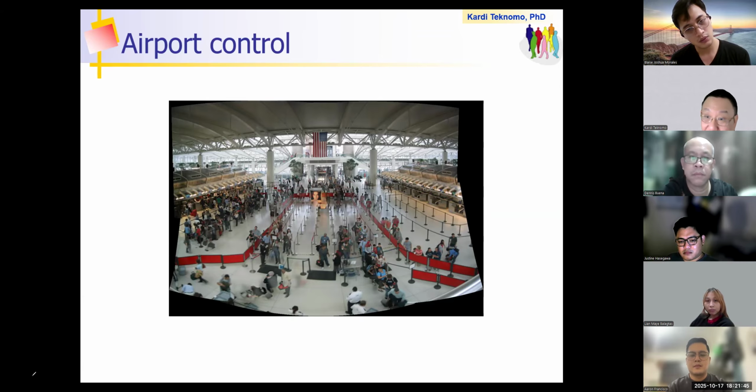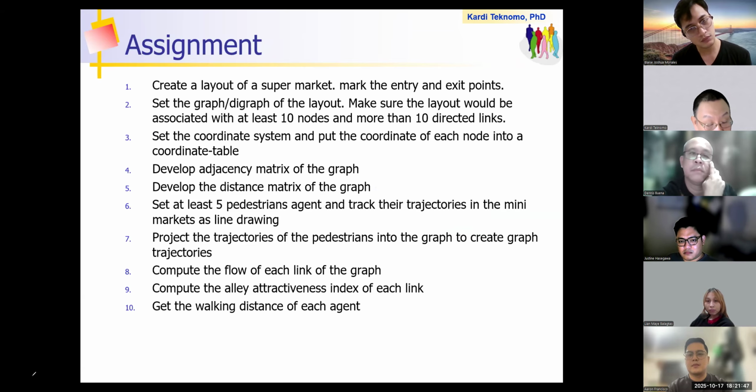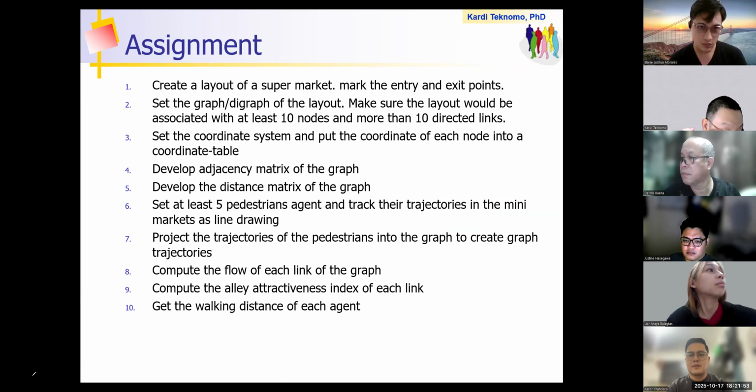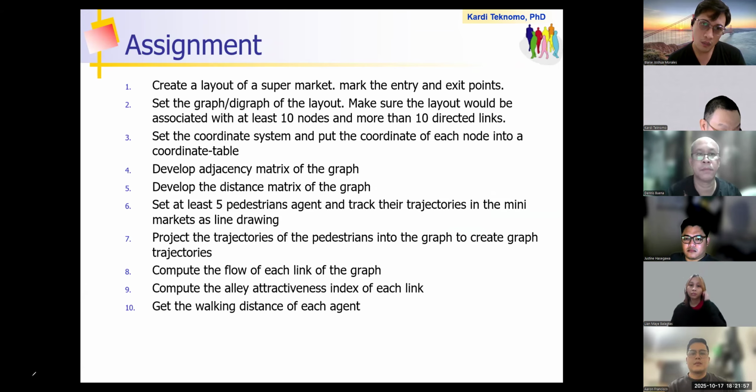So to make you feel what this study is, I give you the assignment. This is just an exact copy. By next week, I hope this is very simple, just exactly the same as the tutorial.